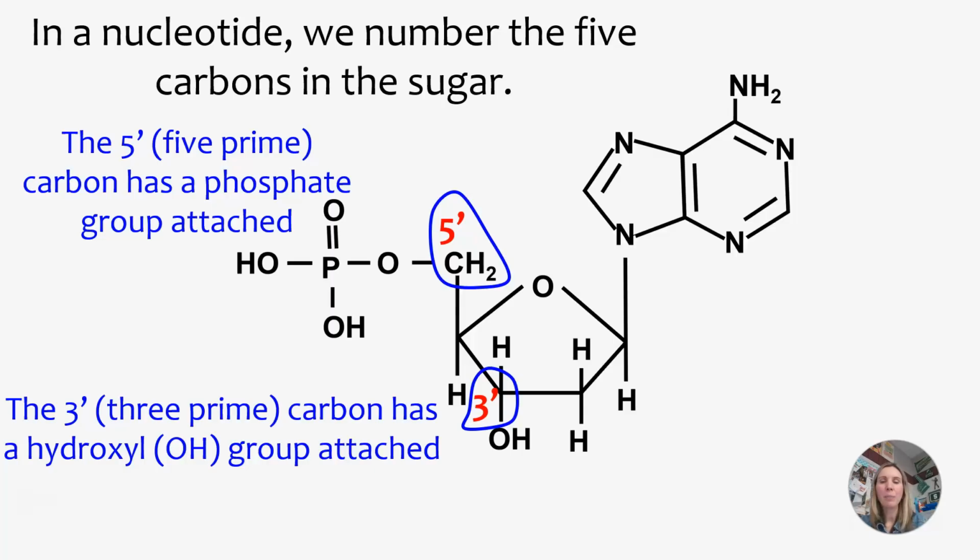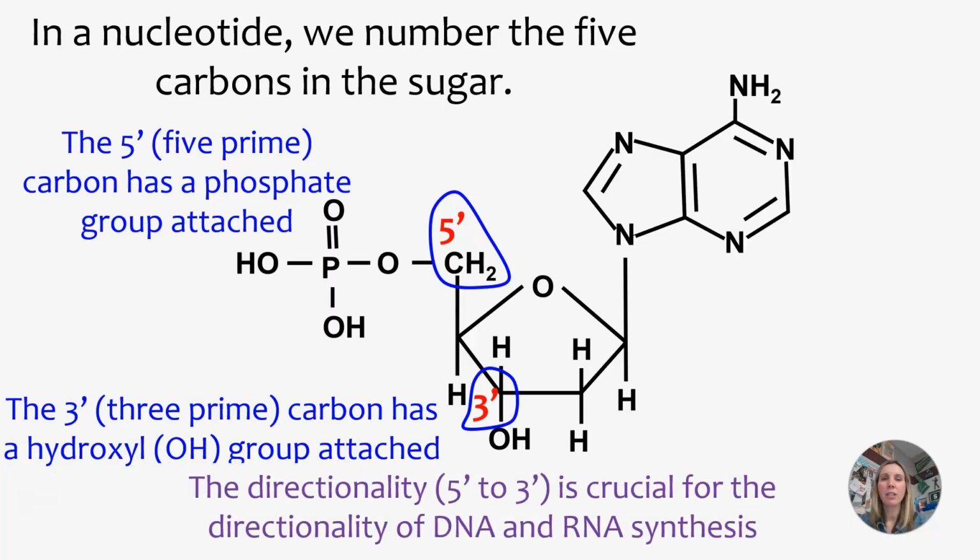And then the 3' carbon is the one that has the hydroxide attached to it within the sugar. I personally just like counting my carbons and looking at the oxygen and thinking of that as 0, and then counting clockwise going around our sugar ring to figure out the order. So this particular nucleotide we're looking at is in what we call the 5' to 3' direction.